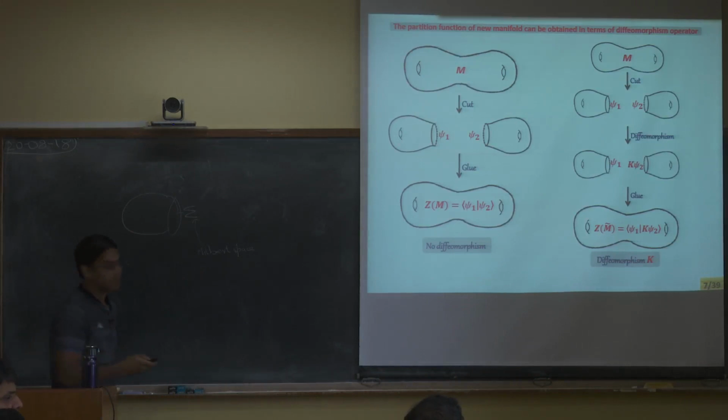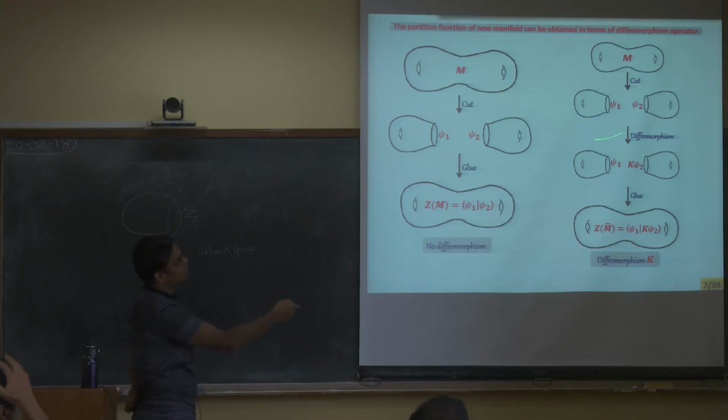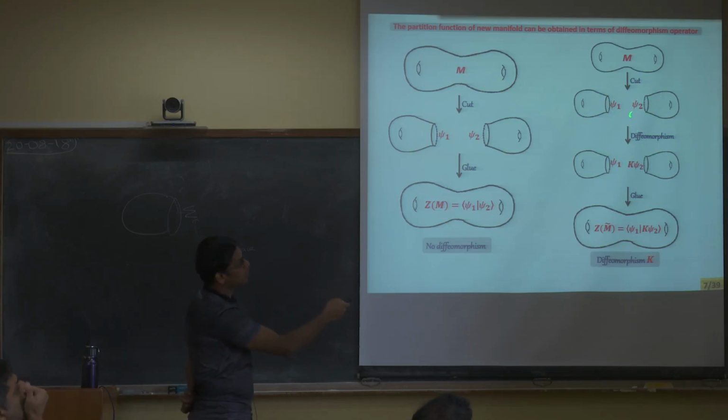So this is the part where there is no diffeomorphism, and we just cut and glue them back and get the partition function. And if we do the diffeomorphism on this boundary, then the state will change to some other state. That will depend on what is the diffeomorphism operator. And when we glue, we'll have a topologically different manifold whose partition function can be obtained by simply taking the inner product like this.